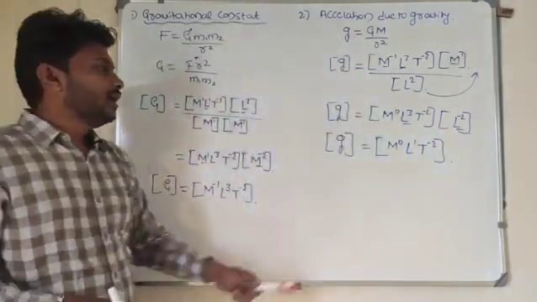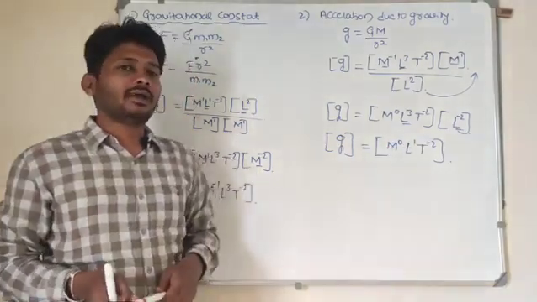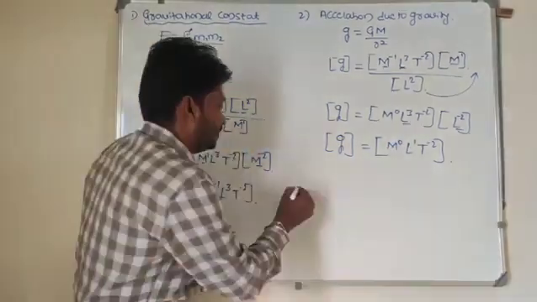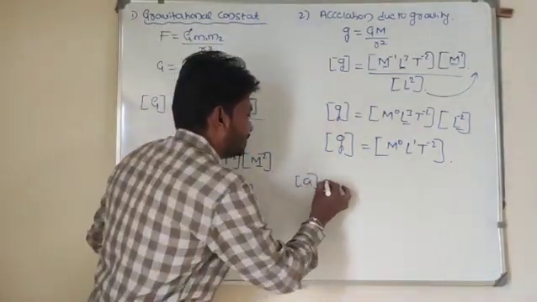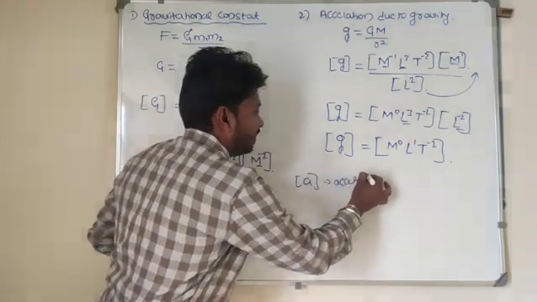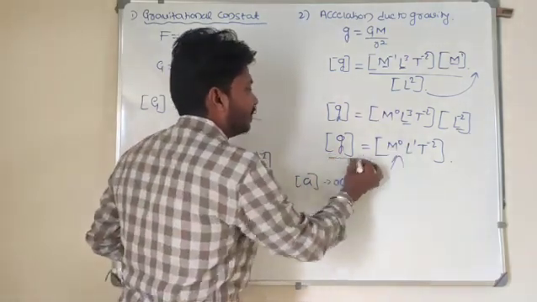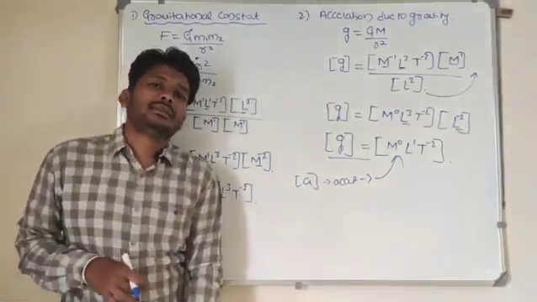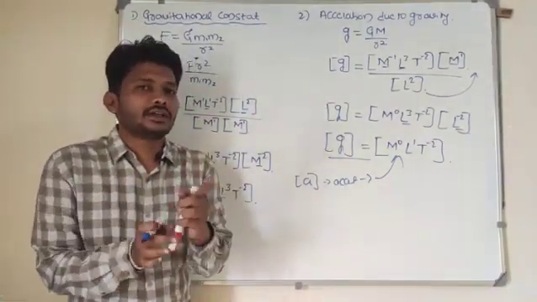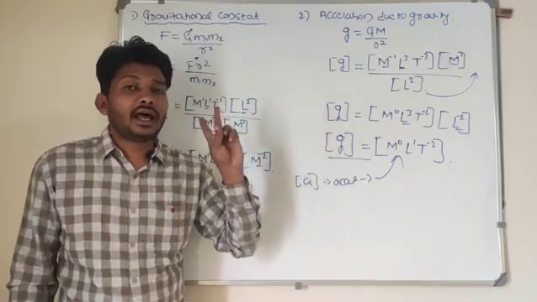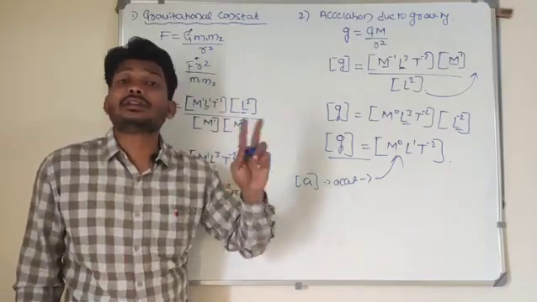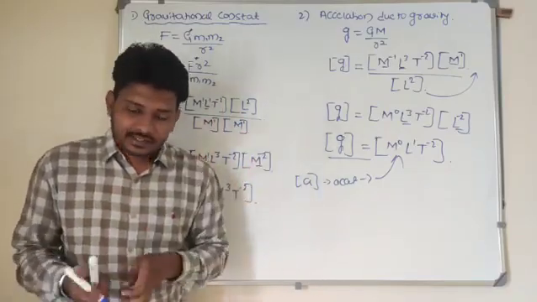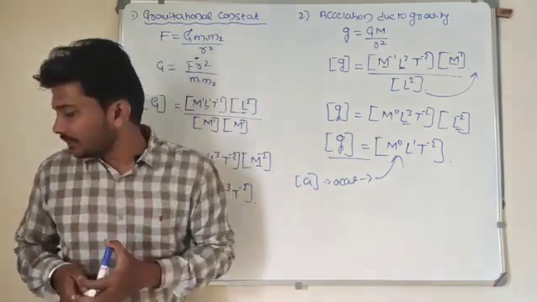So look here, M0 L1 T to the power of minus 2. The dimensional formula for acceleration is also the same, and acceleration due to gravity has the same dimensional formula. What are those physical quantities? Acceleration and acceleration due to gravity. These two physical quantities have the same dimensional formula.